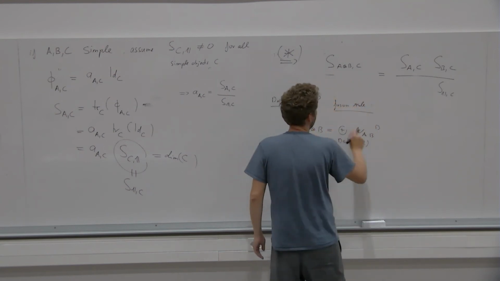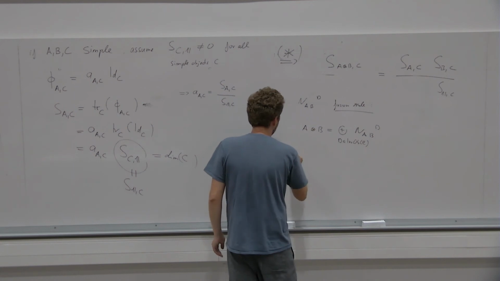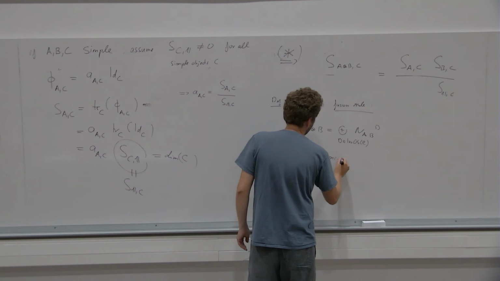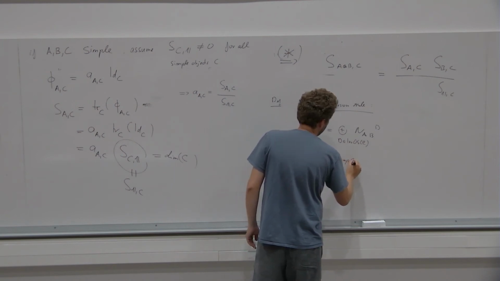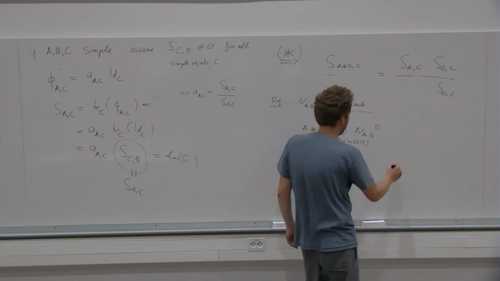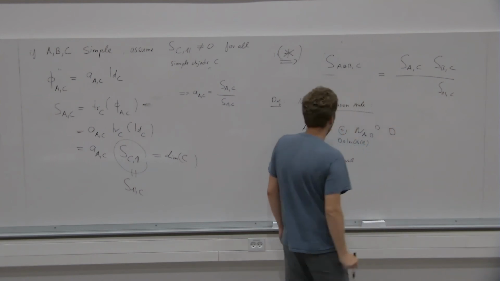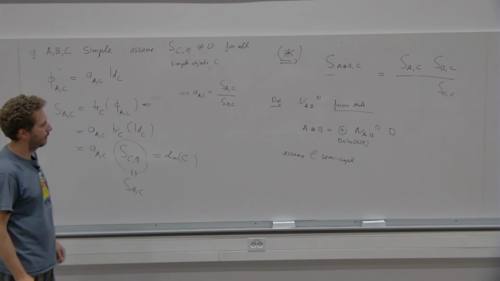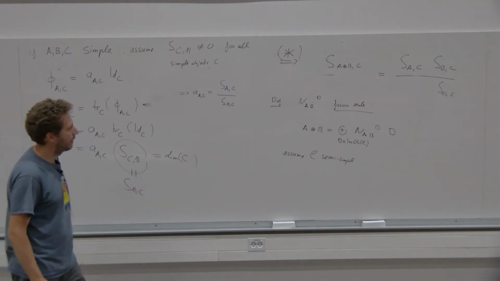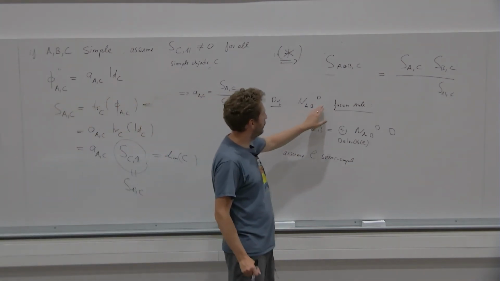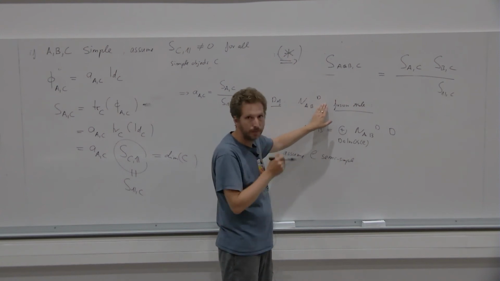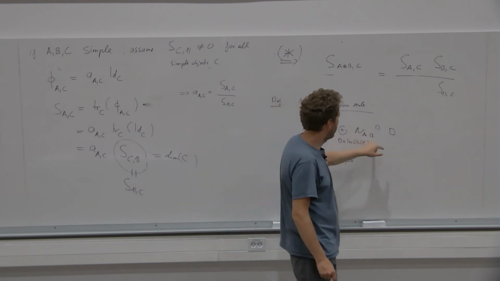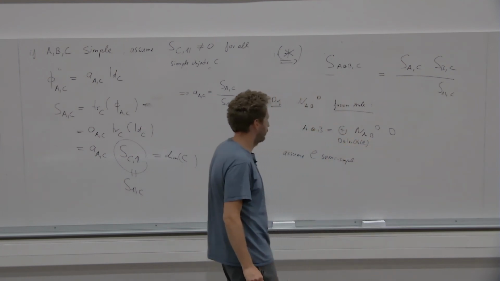And here let me also assume that the category C is semi-simple, so that every module is a direct sum of irreducibles. So then this is good. This means the N_AB^D are non-negative integers, and they tell us the multiplicity with which D appears in the tensor product of A and B.